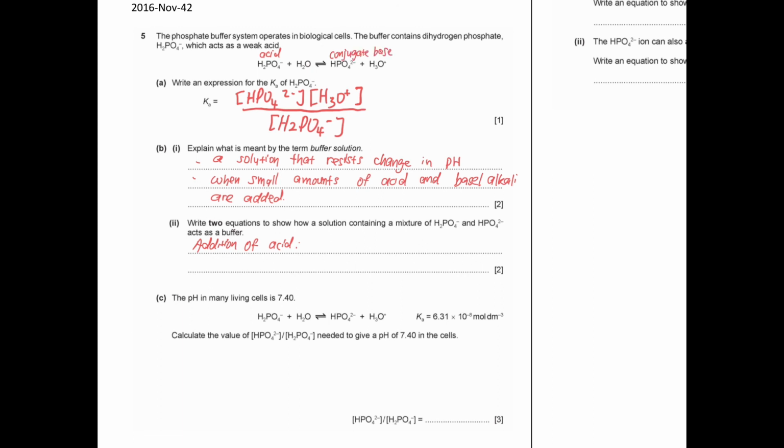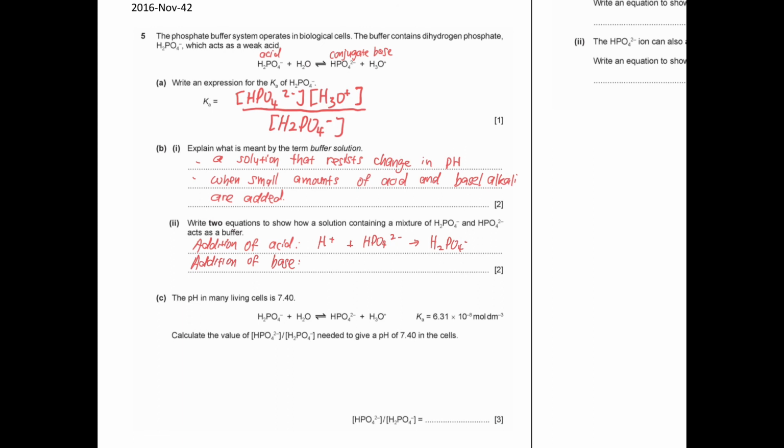So when acid is added, who is going to handle it? Of course, it is the conjugate base. So the H+ will react with the conjugate base, then they form the acid again. Addition of base: who is going to handle it? Of course, the acid is going to entertain this customer.